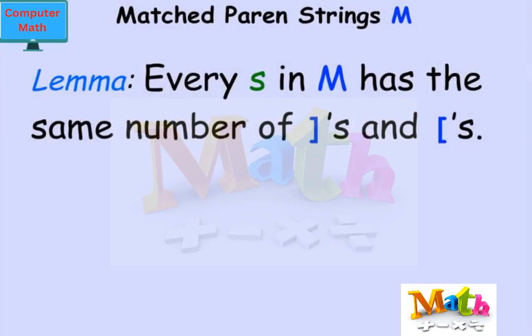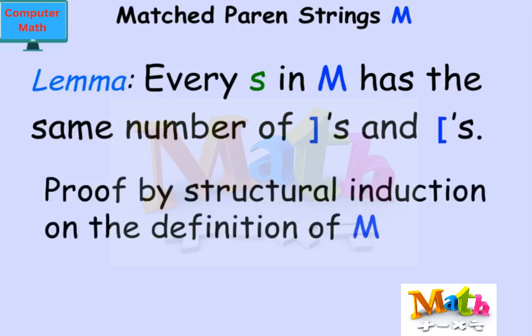Now let's look at a somewhat more interesting example, which was the set M of matching right and left brackets. And what I want to prove by structural induction is that every string in M has the same number of left brackets and right brackets.